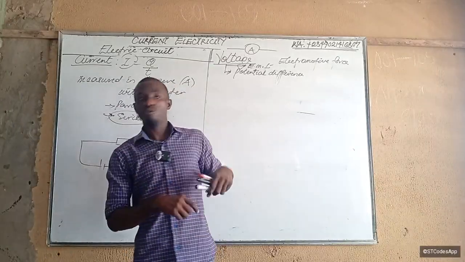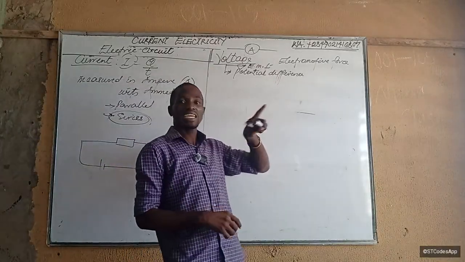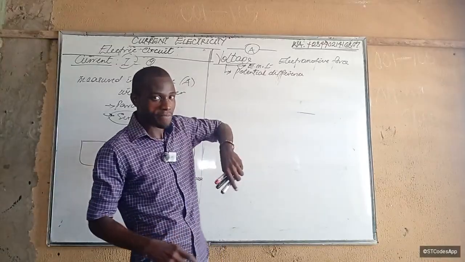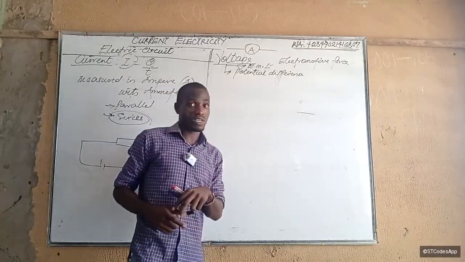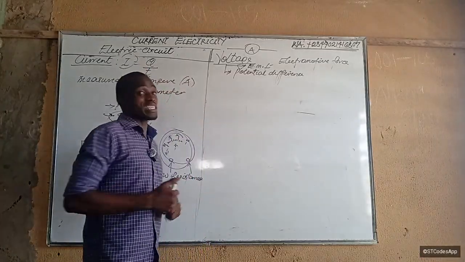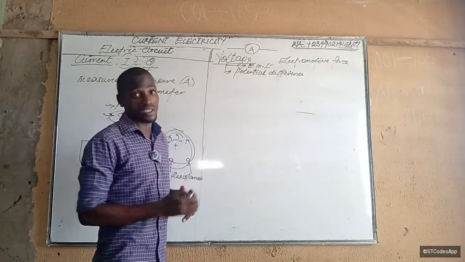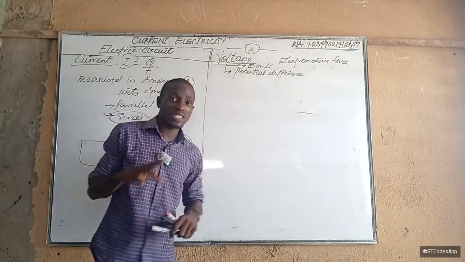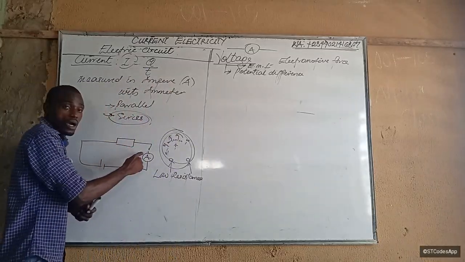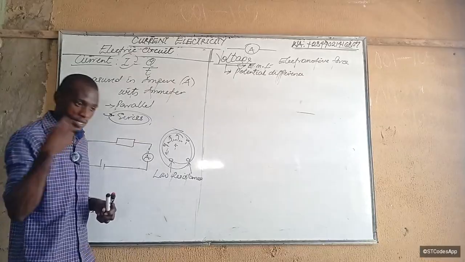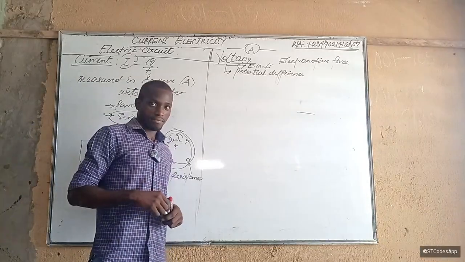So when you are talking about a cell, you use the term EMF. You will not say the potential difference of the battery. You say the EMF of the battery or the EMF of the cell. But what is potential difference? It's still voltage, still measured in volts, but the potential difference is basically the amount of voltage across a particular load or a particular electrical component.